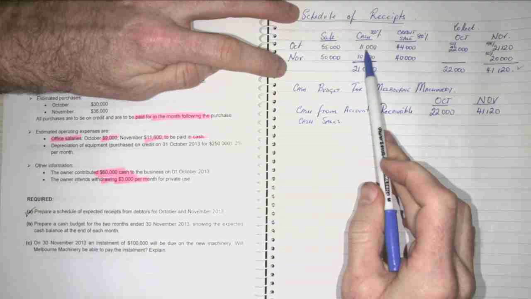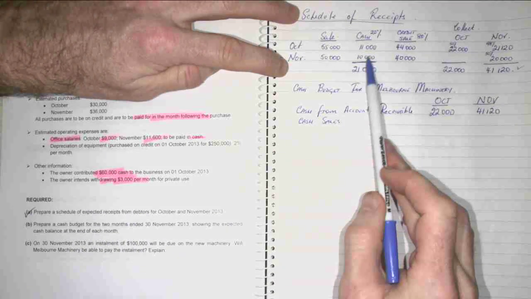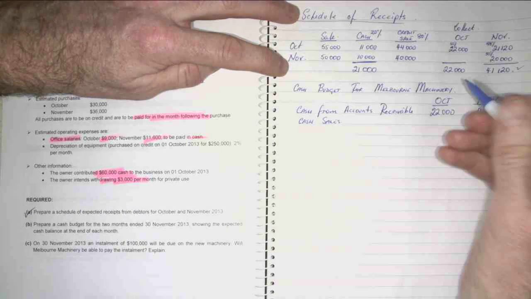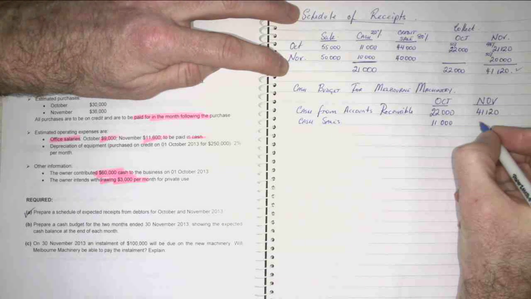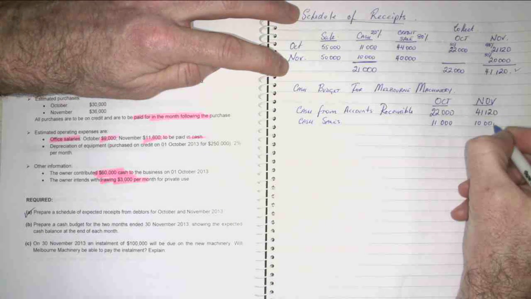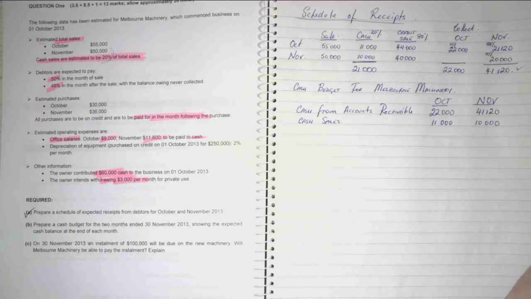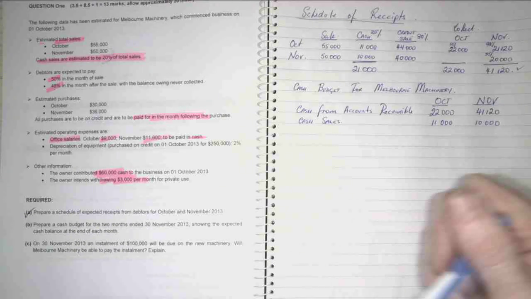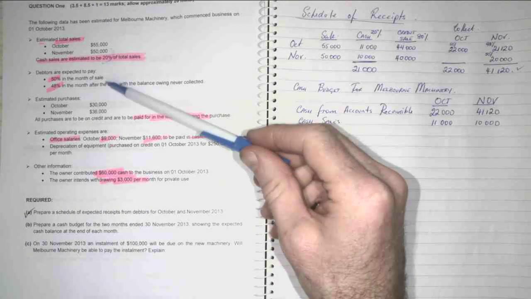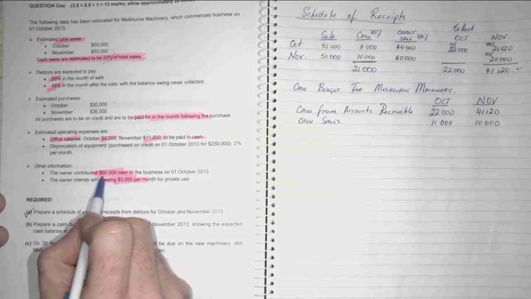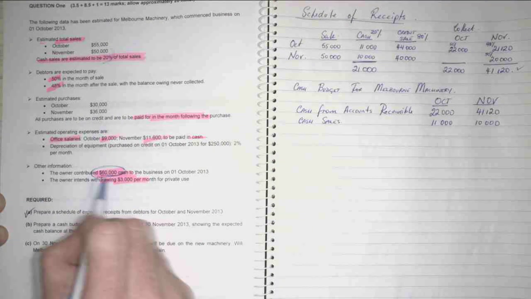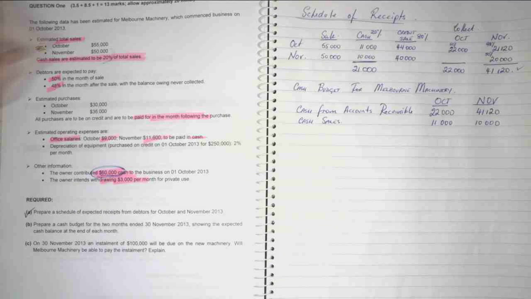My cash sales was 11,000 in October and 10,000 in November, so that's important because it's still part of my cash flow. Is there any other cash inflows that I need to put in? If I scan down my list, other information, here we go. The owner contributed 60,000, so that's important.